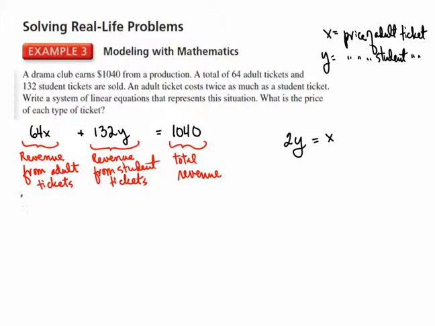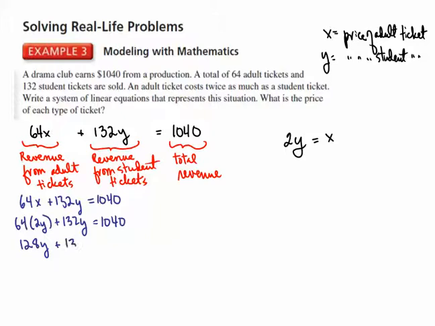So we're going to do what we've done all along in this process. We start with our first equation, 64x plus 132y equals 1,040. We can now substitute x for 2y. So we have 64 times 2y plus 132y is equal to 1,040. 64 times 2y is 128y plus 132y is equal to 1,040.